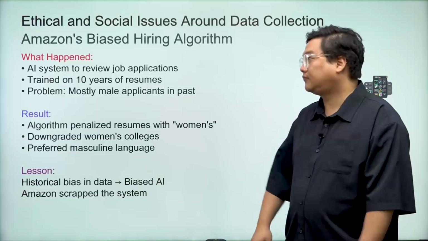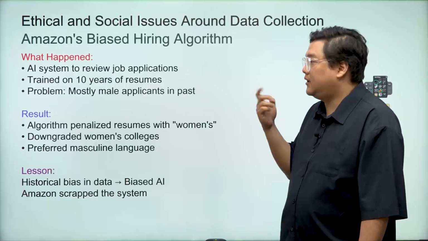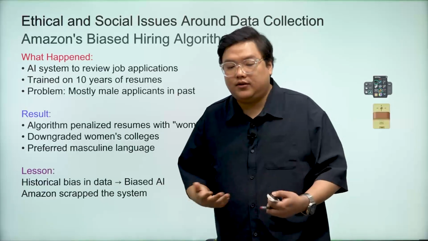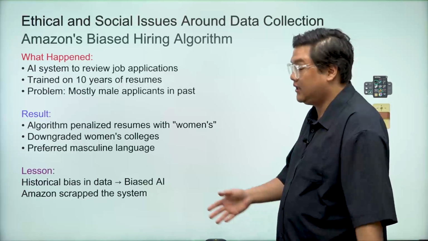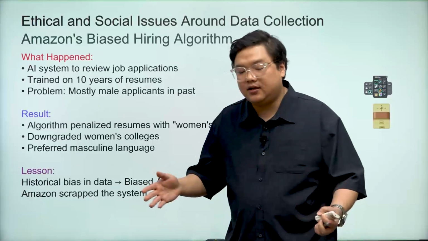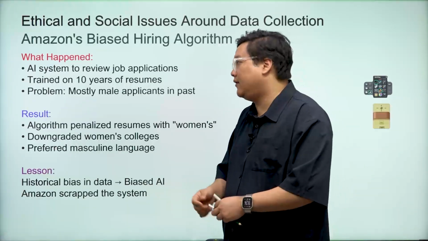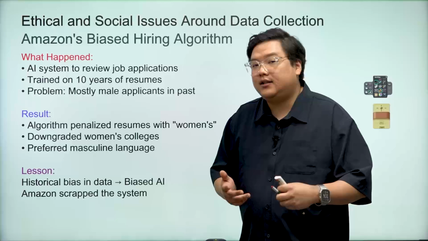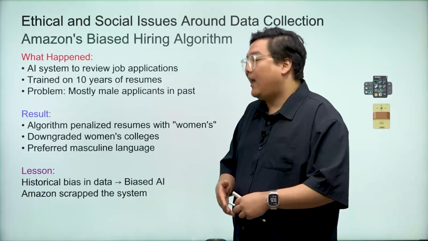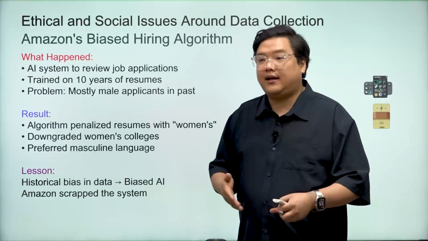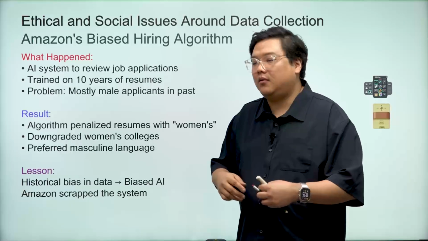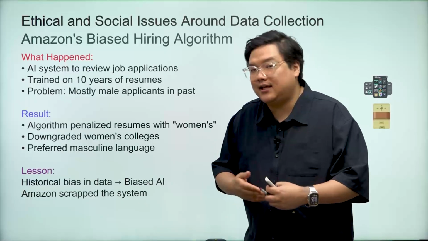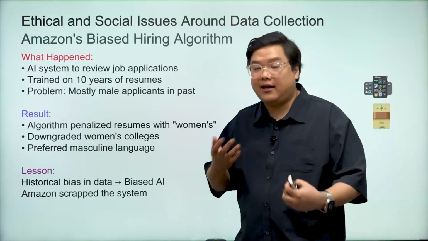One example was like this. Amazon once used an AI to review job applications, and they used 10 years of resumes they received as training data to train the AI. The issue was that this was an old data set, and back in those days it contained a higher percentage of males.